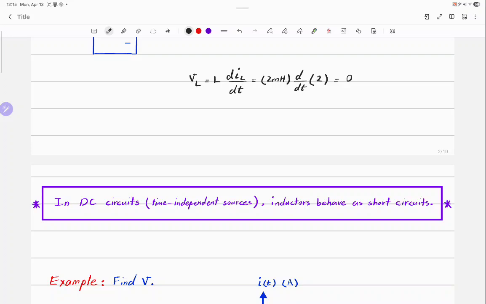Any circuit that has everything in it in the form of independent sources is called a DC circuit. For example, if you have a voltage source that is independent of time, it's also called a DC source, okay? I know that DC stands for direct current, but it applies to anything that is time independent, okay?